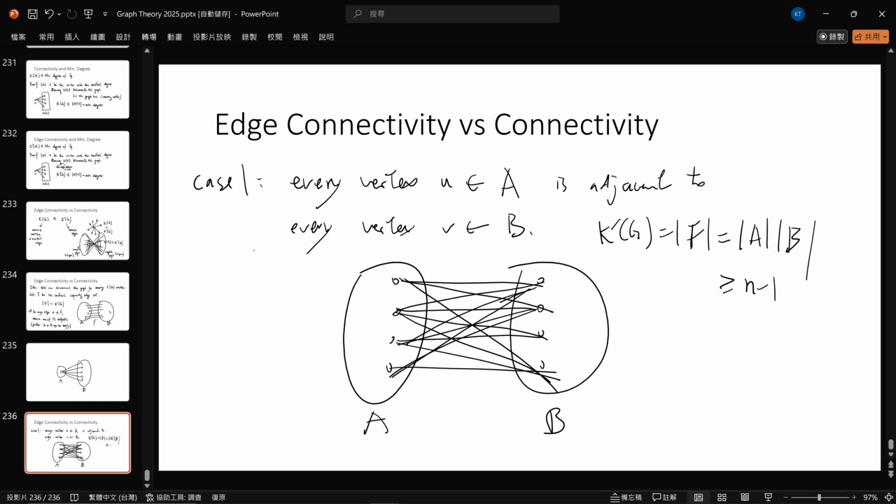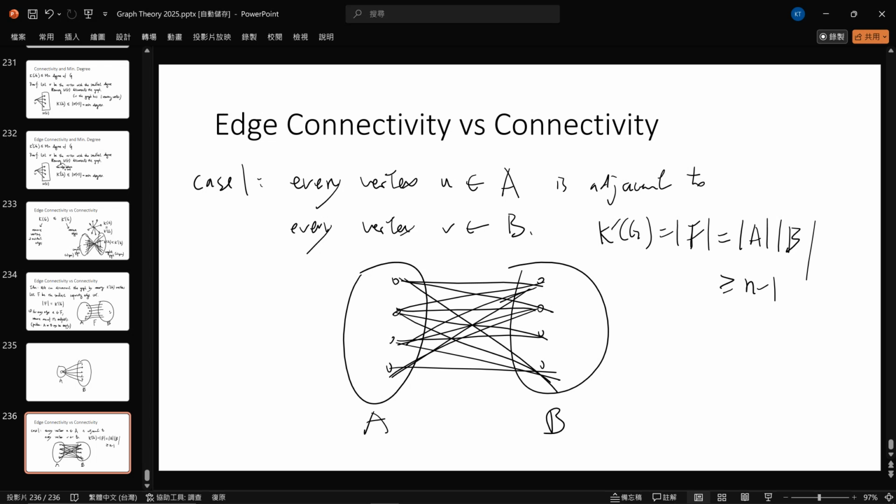So this is at least n minus 1. This happens when A only has one vertex and B has all the remaining vertices, or vice versa. For any other cases, you can only have more edges.